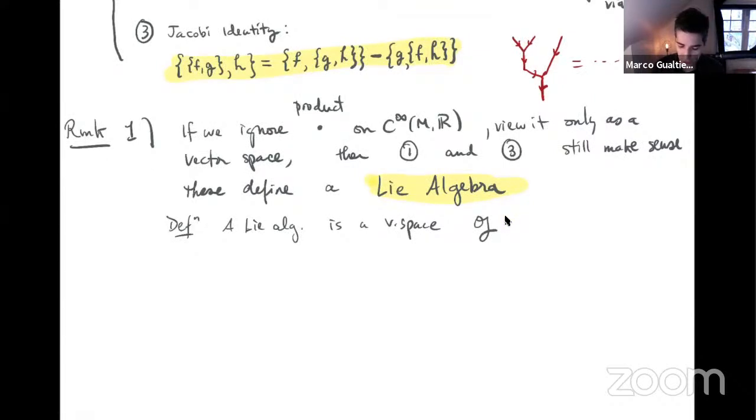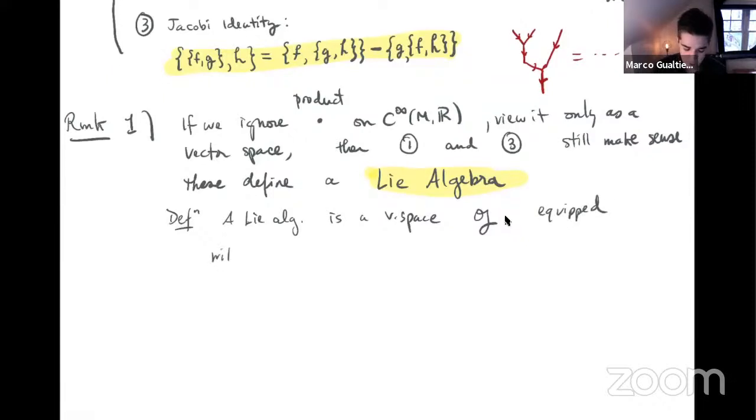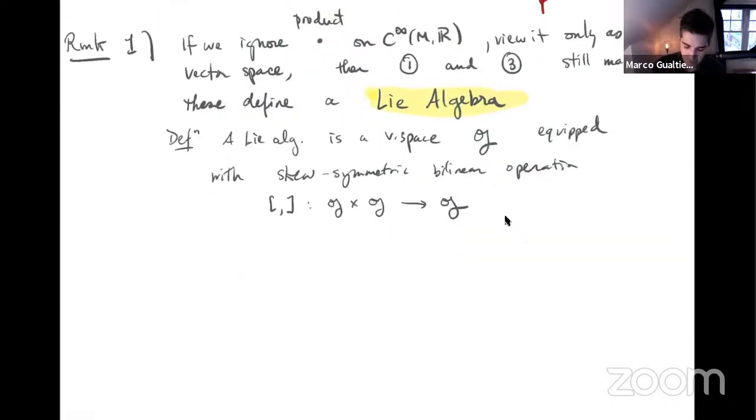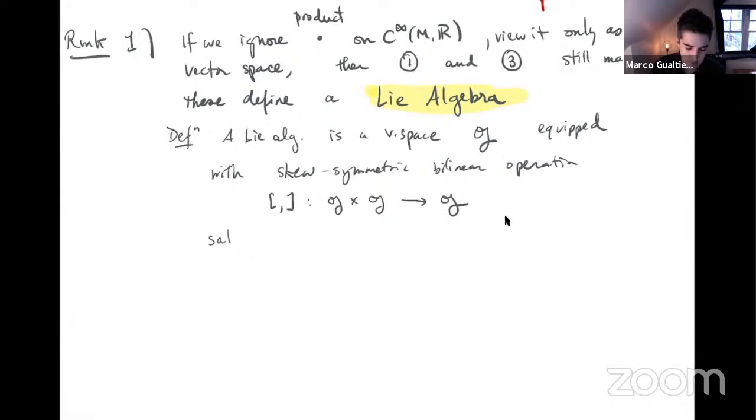So it's a vector space little g equipped with a skew symmetric bilinear operation. Usually it's denoted with square brackets, but in the special case that it's Poisson, they become curly. Satisfying the Leibniz rule. Satisfying the Jacobi identity.